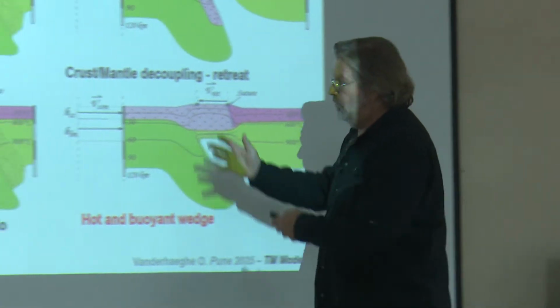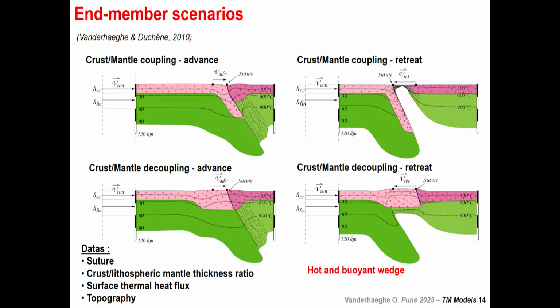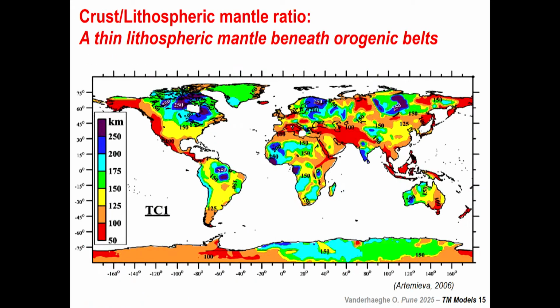And the data that we can confront these models with are the position of the suture relative to the orogen, the crust to lithospheric mantle thickness ratio, surface thermal heat flux that might also be recorded by metamorphic rocks, and topography. I showed this already: here in red are the places where the lithosphere is the thinnest.